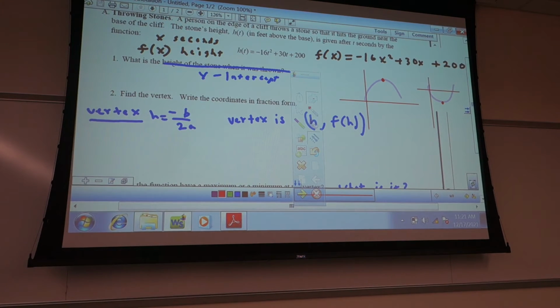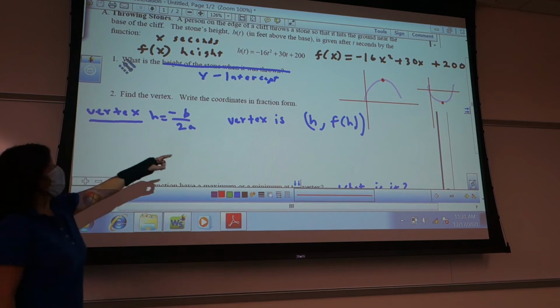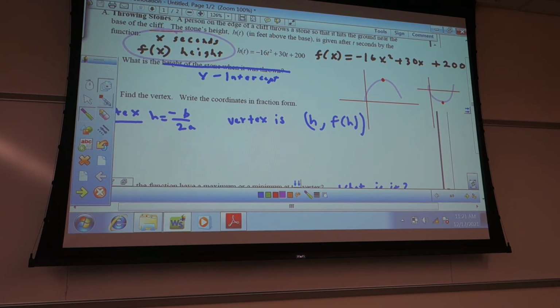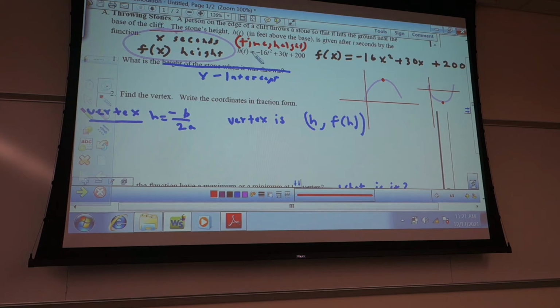The vertex is your x comma y, going back to this: time comma height. Because x is my seconds, it's always x comma y. X is time, y is height. Those are the points as we go along the graph.